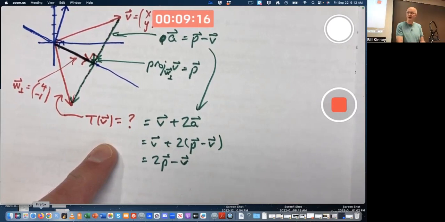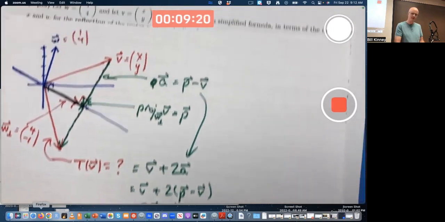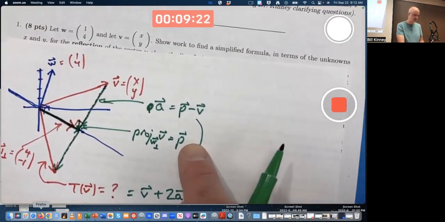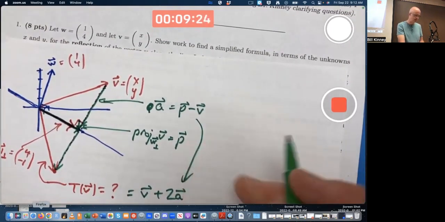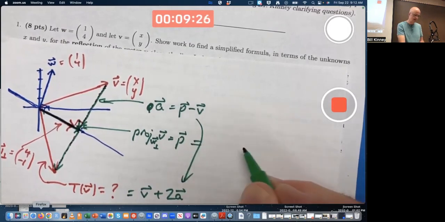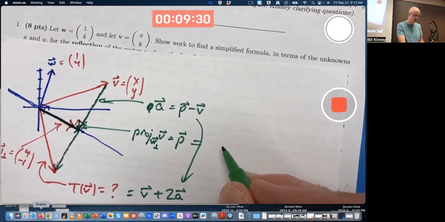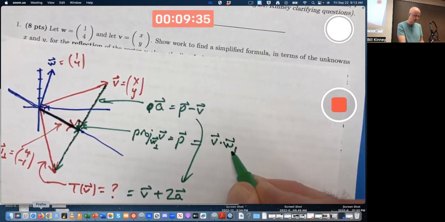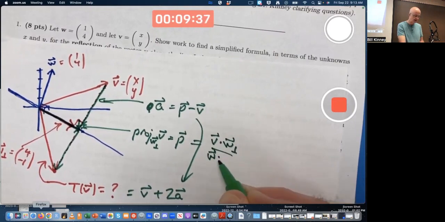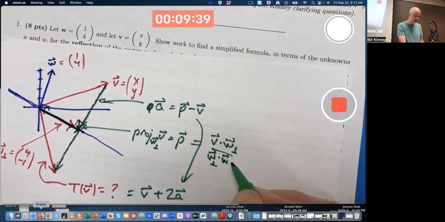Now we're not done. We got to write it in terms of X and Y. We got to figure out P in terms of X and Y. Use the projection formula there. We're projecting V along W perp. The formula says that's V dot W perp over W perp dot itself times W perp.